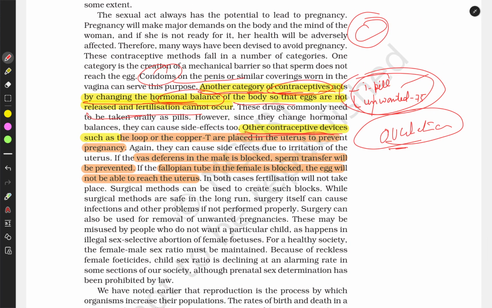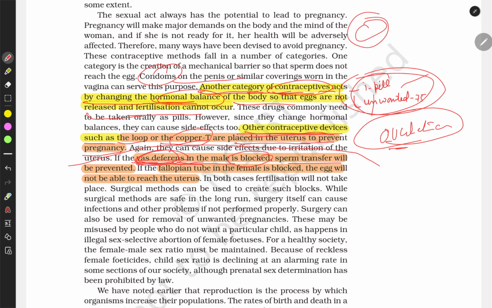Other contraceptive devices such as the loop or the copper T are placed in the uterus to prevent pregnancy. There is another way by which a man becomes sterile, by cutting the vas deferens. The vas deferens in the male blocks the sperm transfer.